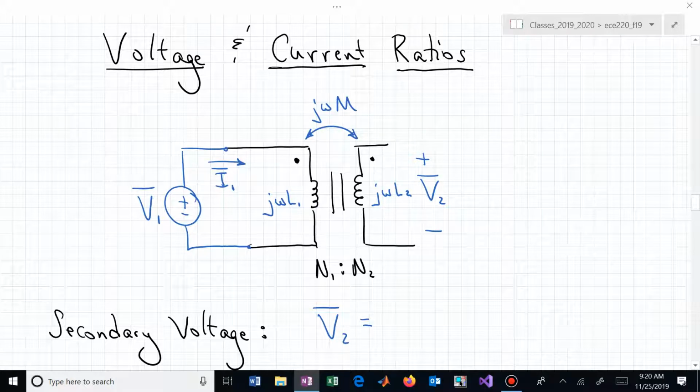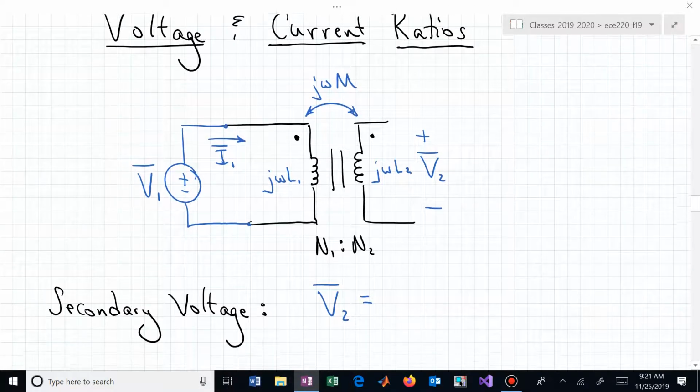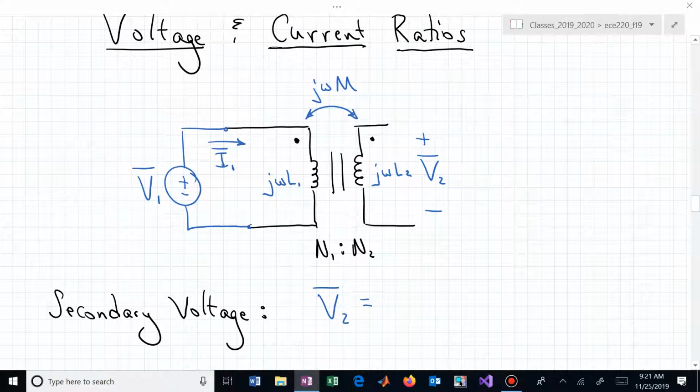Is there any current flowing on the secondary side? It's open. How are we going to get voltage on the secondary? Through the mutual inductance, and that's based on I1, and it's coupled through the mutual inductance.